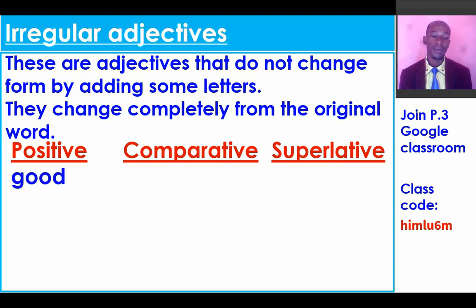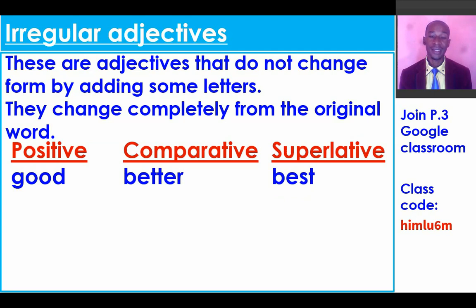In the positive degree, I have the word good. Good is an adjective, and to form the comparative degree, we change from good to a new word, which is better. Then in the superlative degree, it is best.